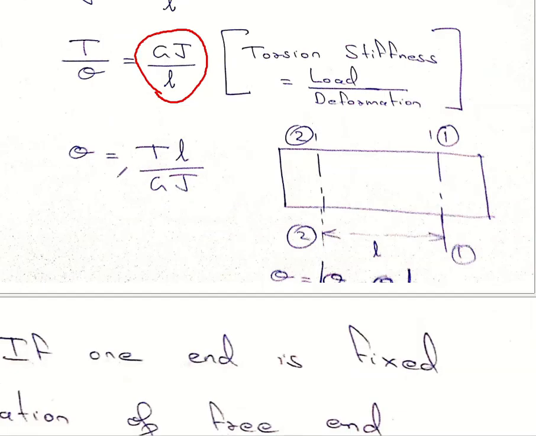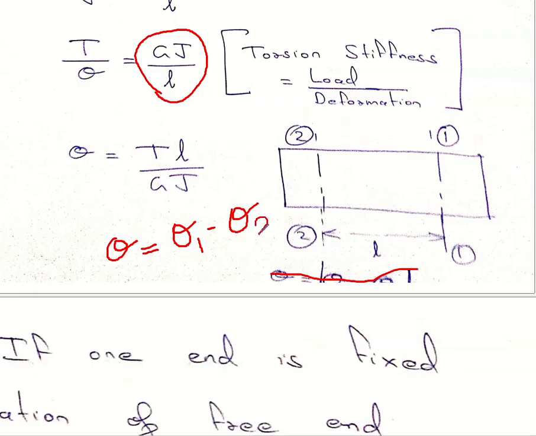Where theta is nothing but the relative rotation between the cross sections 1 and 2, the modulus of theta 1 minus theta 2.